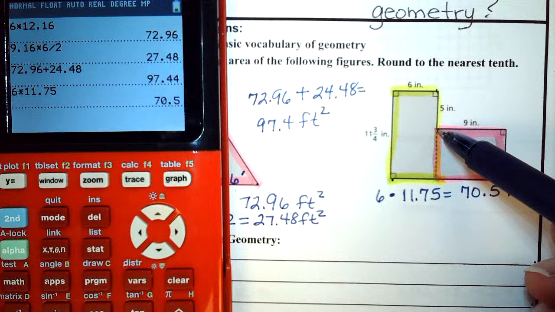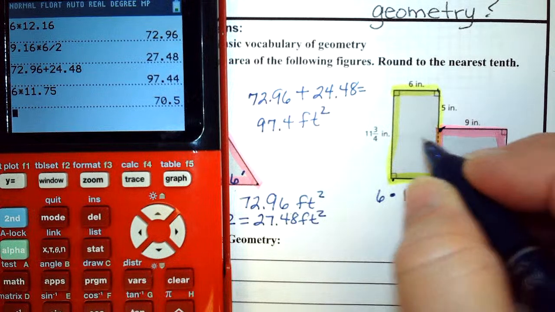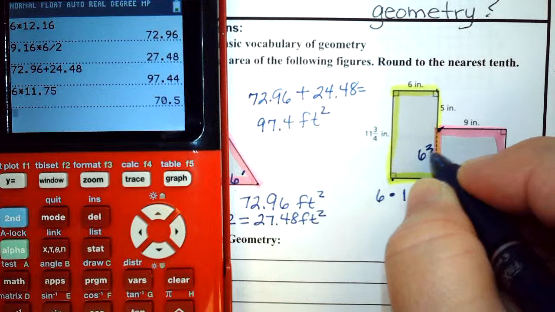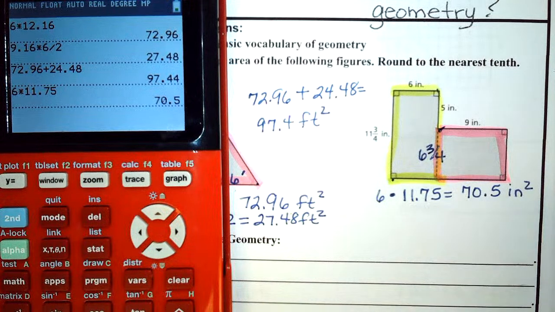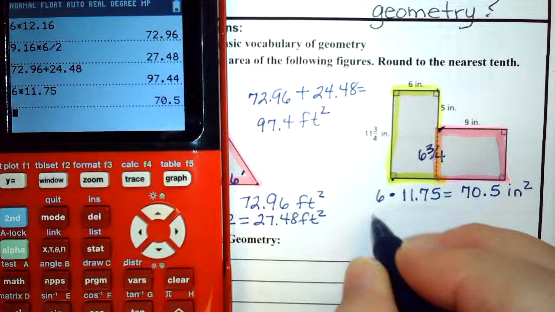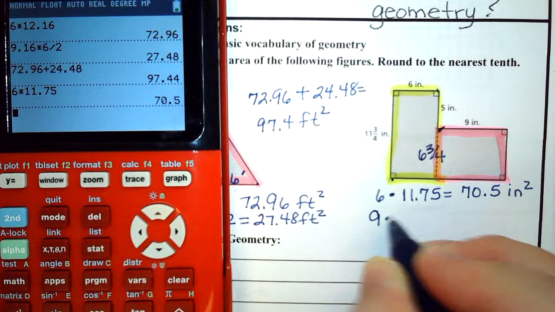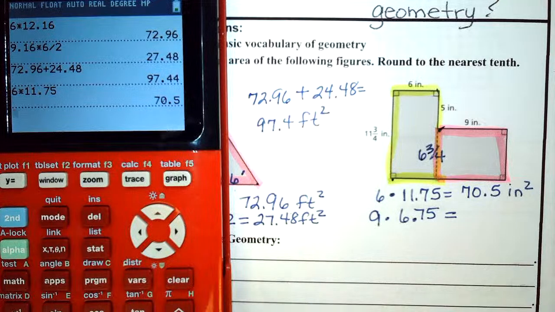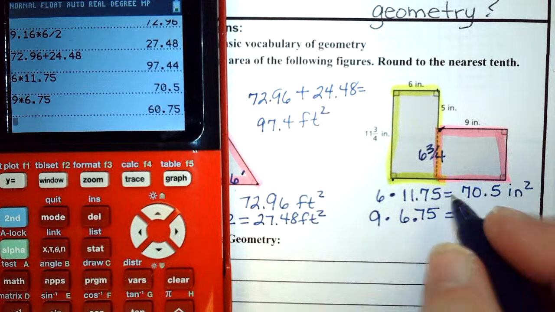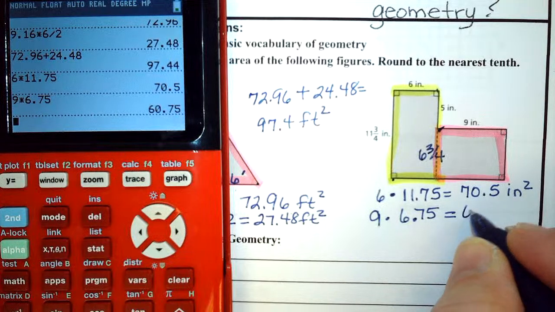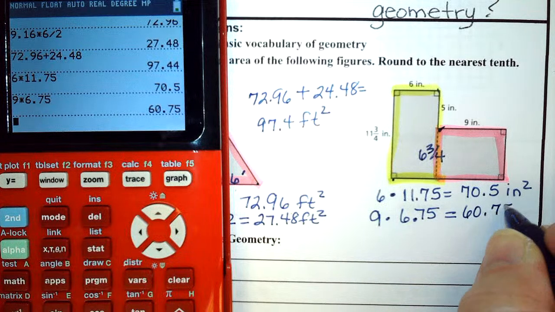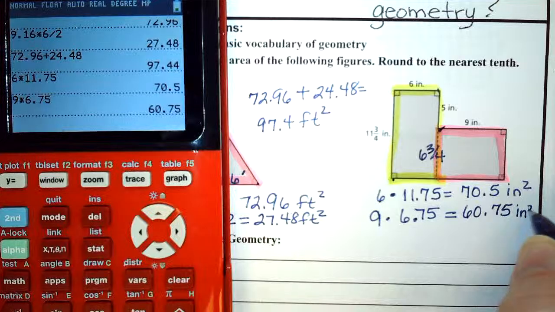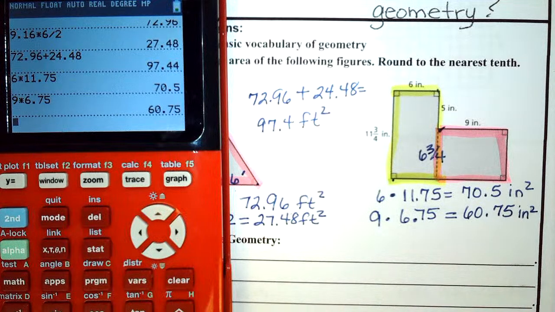To find the difference, 11 3/4 minus 5 is 6 3/4, 6.75 also. So 9 times 6.75 equals 60 and 75/100 inches squared. Am I done yet? No, I've got to add them together.